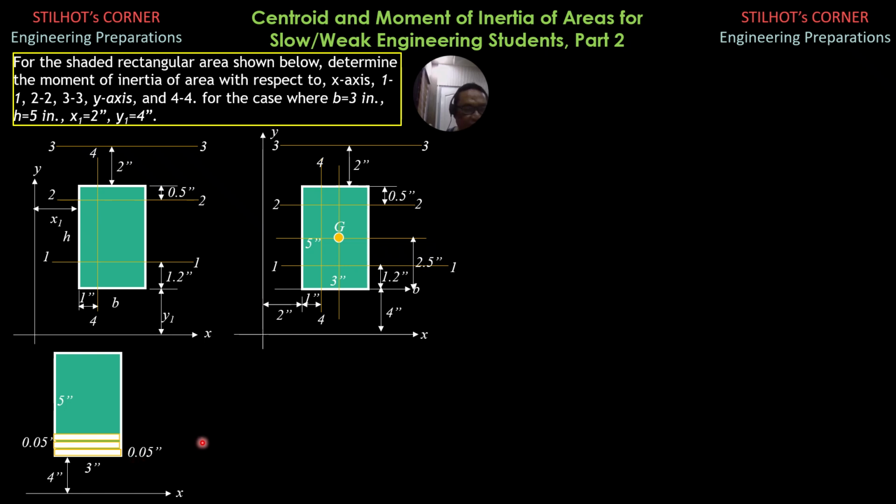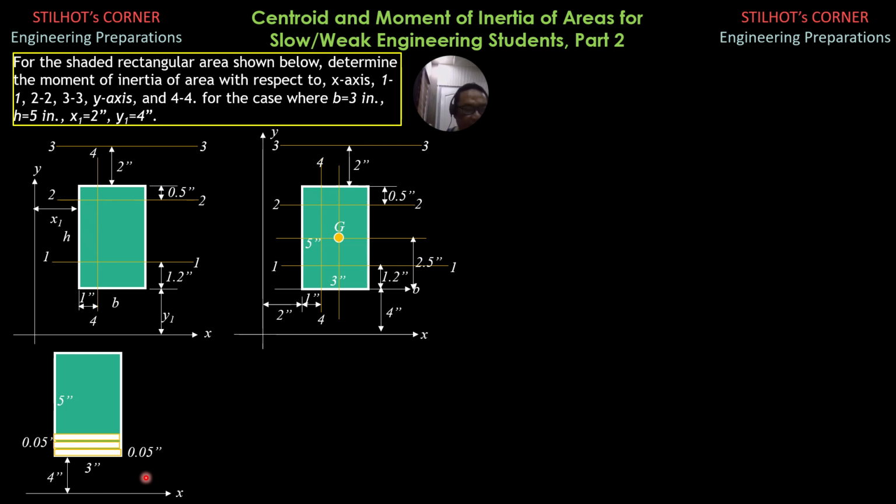So by summation notation, it is the summation of 3 times 0.05 cubed over 12 plus area, which is 3 times 0.05, and the distance squared, the distance of the centroidal axis to this x-axis where we are going to transfer. For the first area, it is 4.025, where 0.025 is half of 0.05.